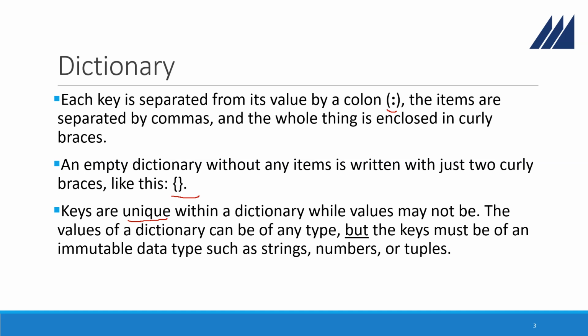But if you use a value in a dictionary, it's okay to use it again and again. There's another thing. Dictionary keys must be an immutable type, just like strings, numbers, or tuples. Once you create the key, you cannot change it. These are the most important things when it comes to the key and the value.